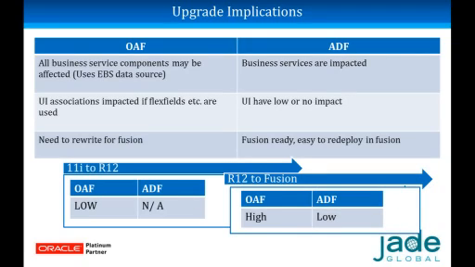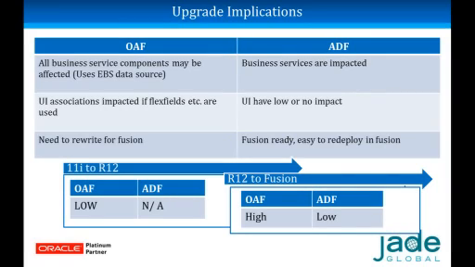And it's Fusion ready, because as I said, it is easier to take the components. They're loosely coupled objects, just like the SOA architecture. You can pick up those with very little or zero impact. You can redeploy it in the Fusion. So a quick recap can be, when you're moving from 11i to R12, OAF has very less impact, whereas ADF has no impact.